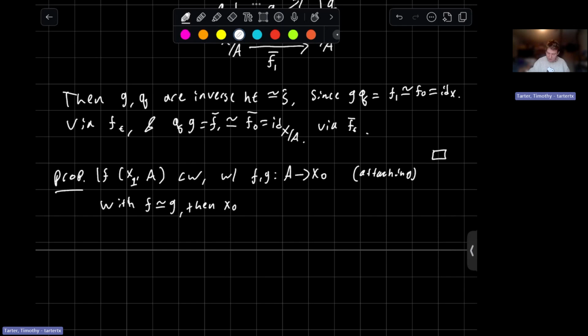Then X naught attached by f to X1 is homotopic to X naught attached by g to X1 relative to X naught.